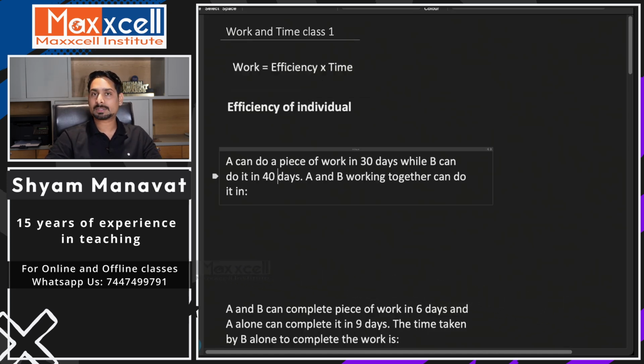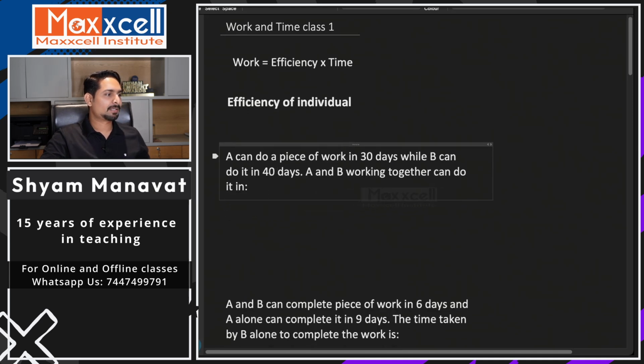Now, what type of questions will you see there? Let's look at some sample questions so you will understand what we are going to learn. A can do a piece of work in 30 days while B can do it in 40 days. When A and B are working together, how much time will they take?